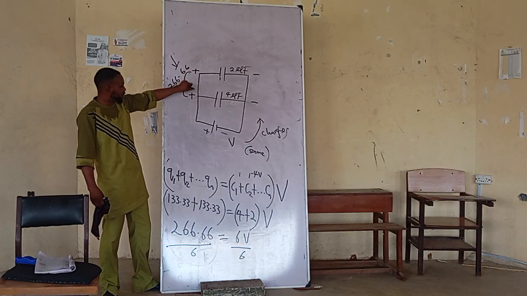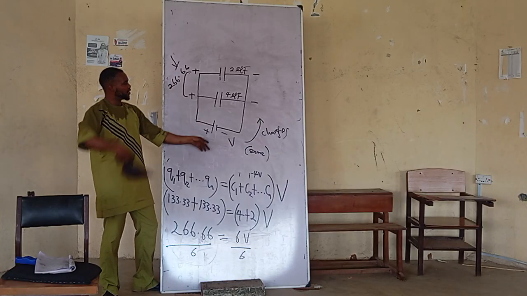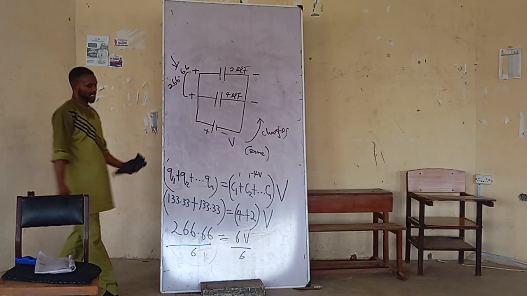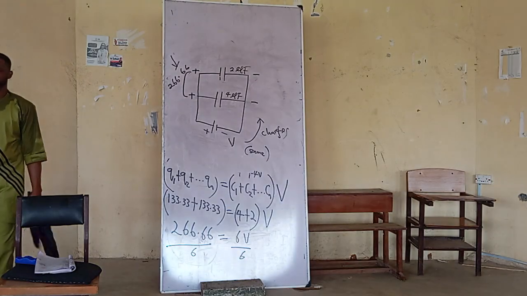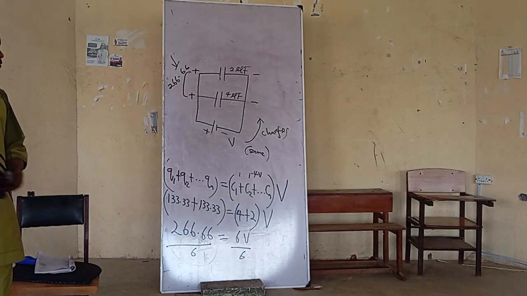Once you get that voltage, you now need to ask yourself, what will this voltage be able to do now on these two capacitors and these four capacitors? I think if you don't understand it up to this, when you read over and over, it should make more sense to you.